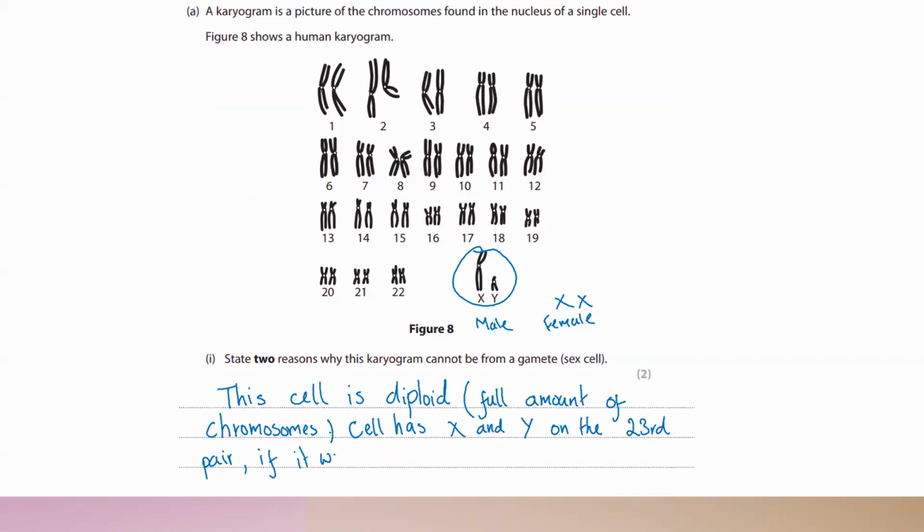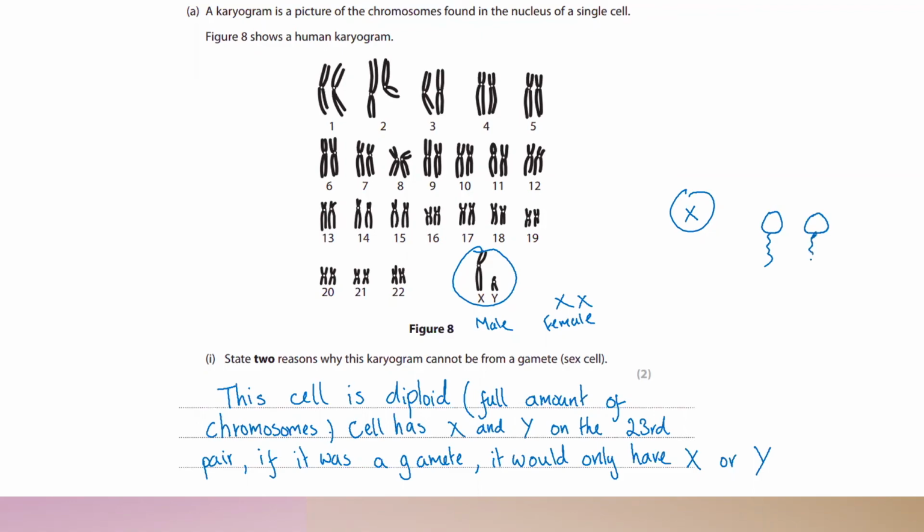if it was a gamete, it would have only X or Y. So egg cells carry X, and sperm cells can either carry another X or a Y. And that's why if this fertilised the egg, we'd get XX, you get a female.